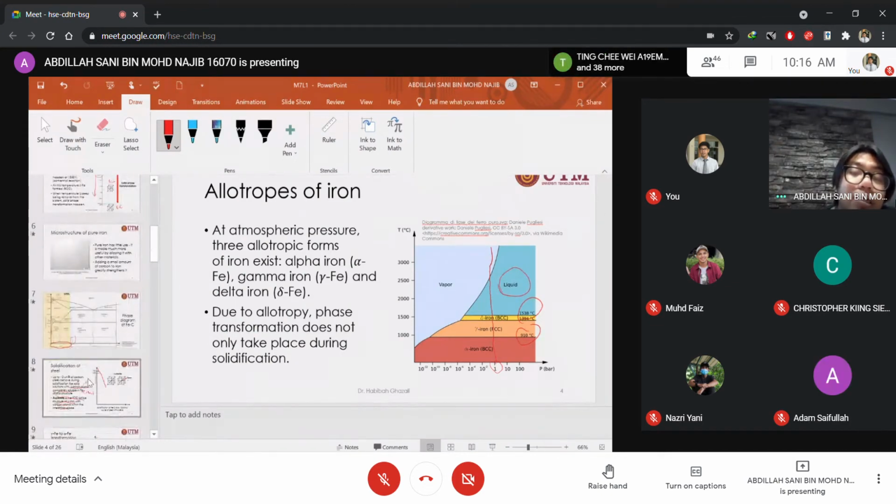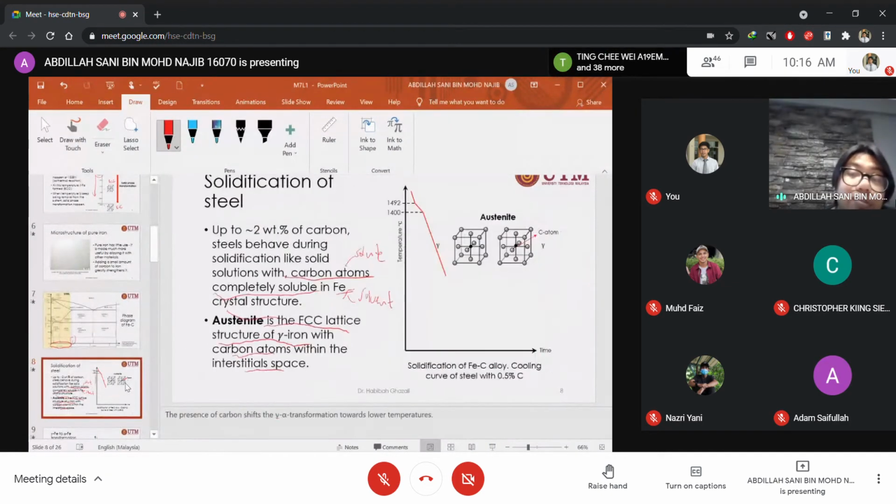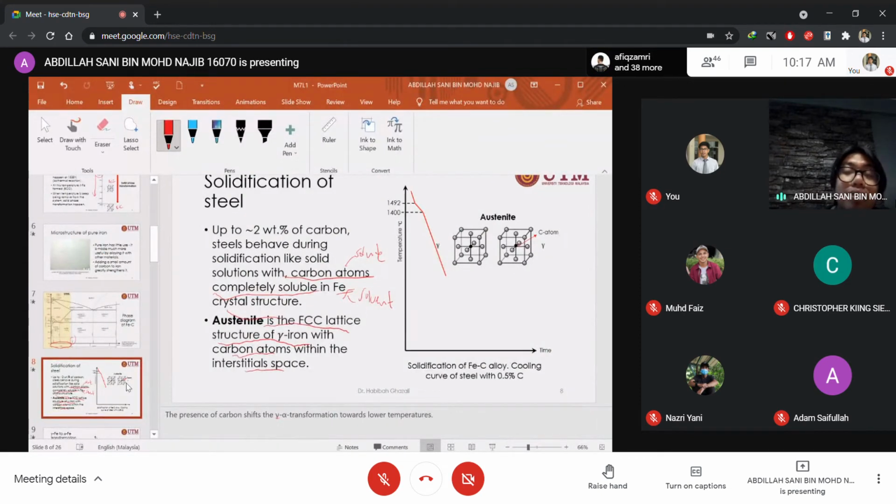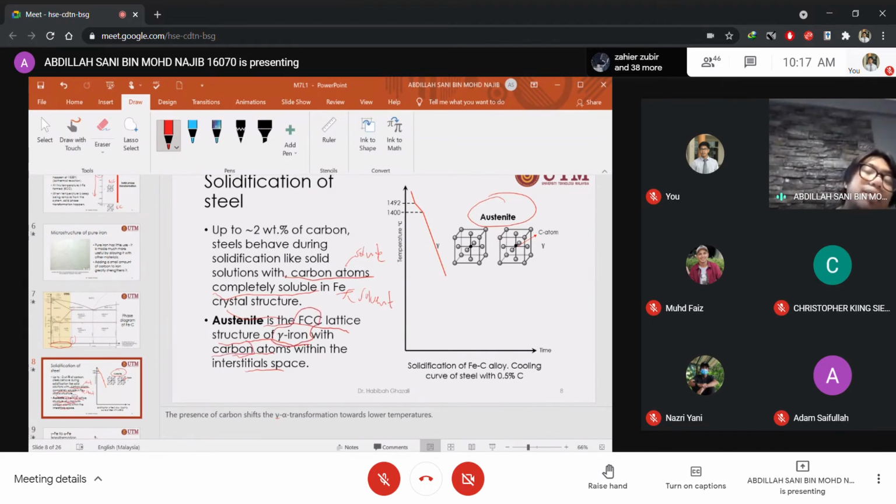When it is FCC, but we introduce the carbon, so the carbon sits in between those atoms, we call this phase austenite. FCC gamma iron with carbon. That is austenite.